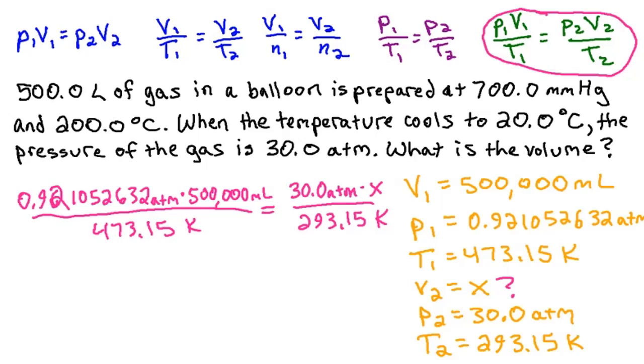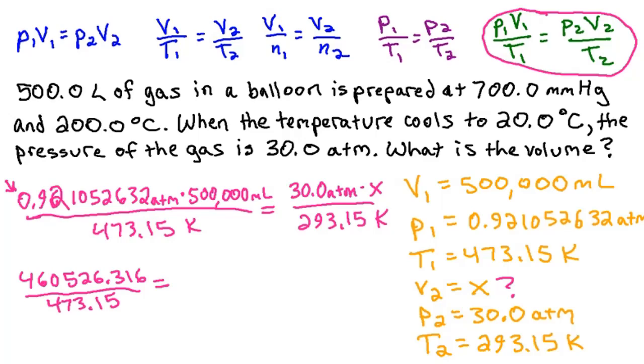So let's multiply this P1 and V1 first. 0.921052632 atmospheres times 500,000 milliliters is 460526.316, and that's all over 473.15, and that's equal to 30.0 atmospheres times X divided by 293.15.